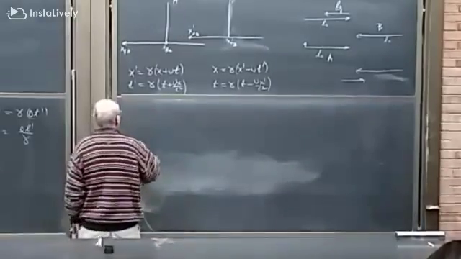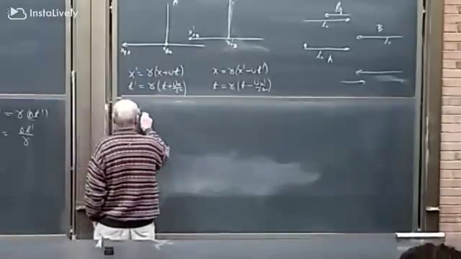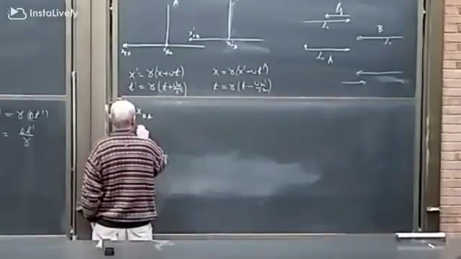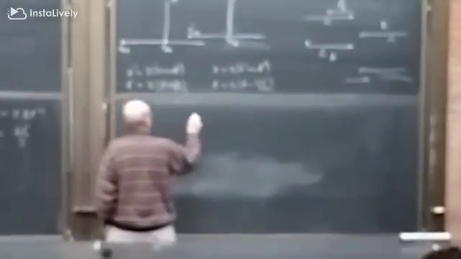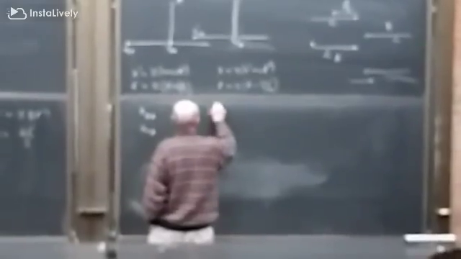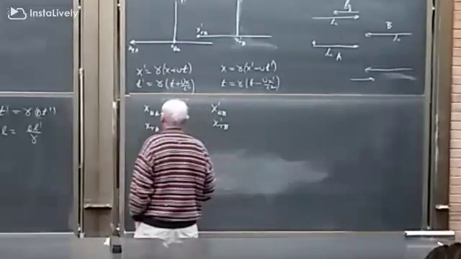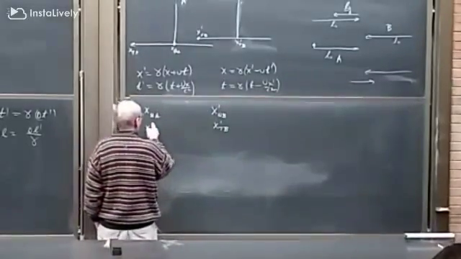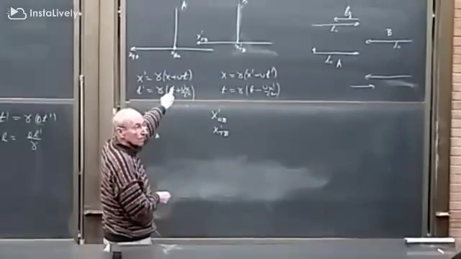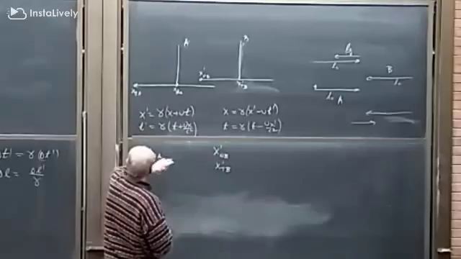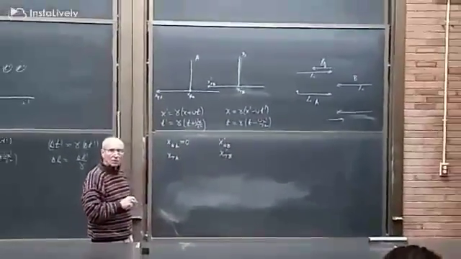Now, what do we know? The quantities that we're going to be interested in are the nose of A, the tail of A, the nose of B, the tail of B, and times. Now, for the nose of A, by the way we set up the coordinate system, in the A system, or the unprimed system, the nose is at the origin. So that is 0.